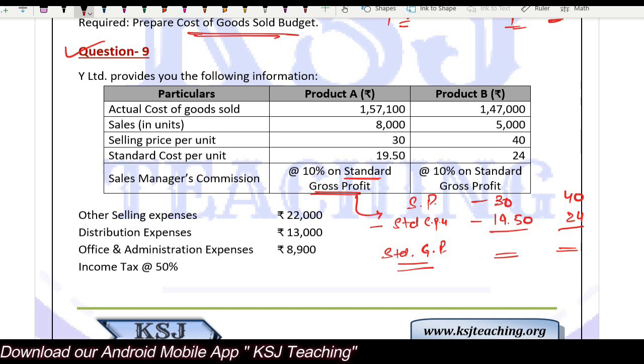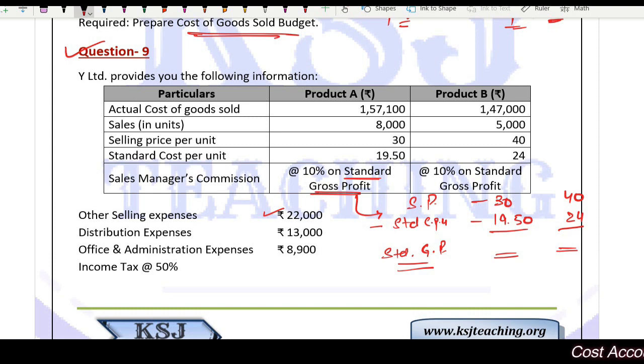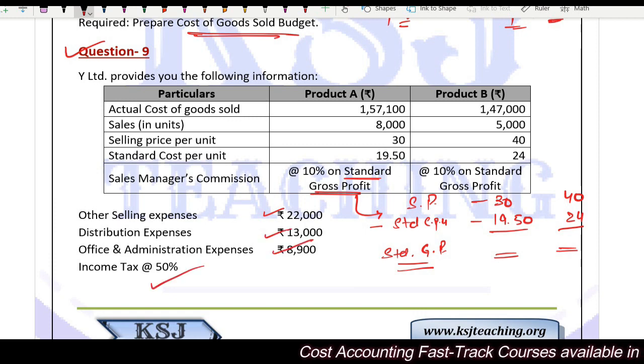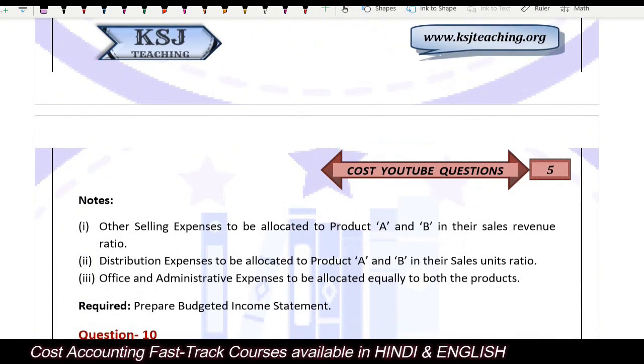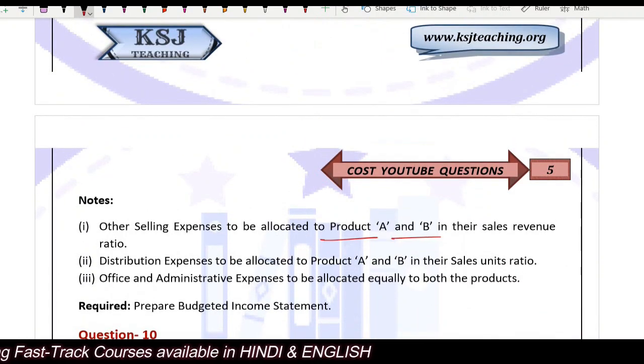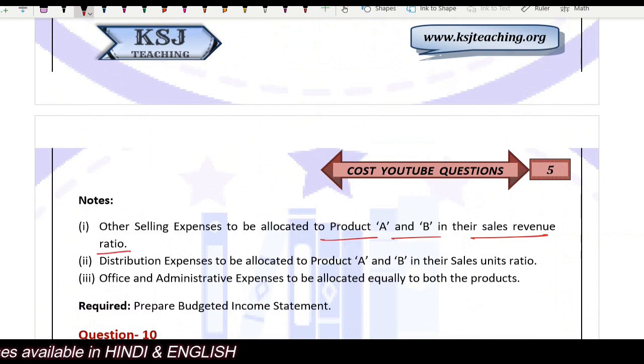Other selling expenses 22,000. This is the total value, not given product wise. It is the total value that is given. Other selling expenses, distribution expenses, office and administration, tax 50%. After that, it is given that other selling expenses to be allocated to product A and B in their sales revenue ratio.